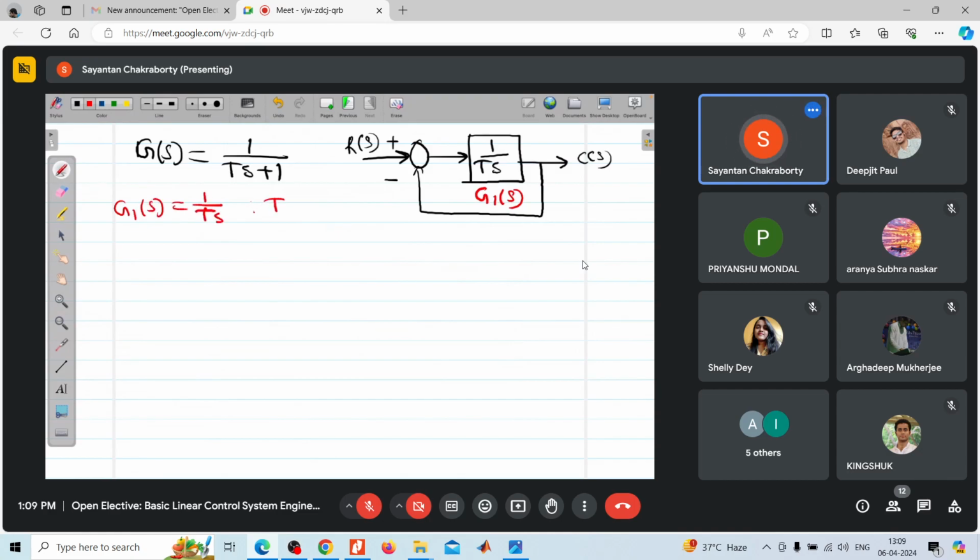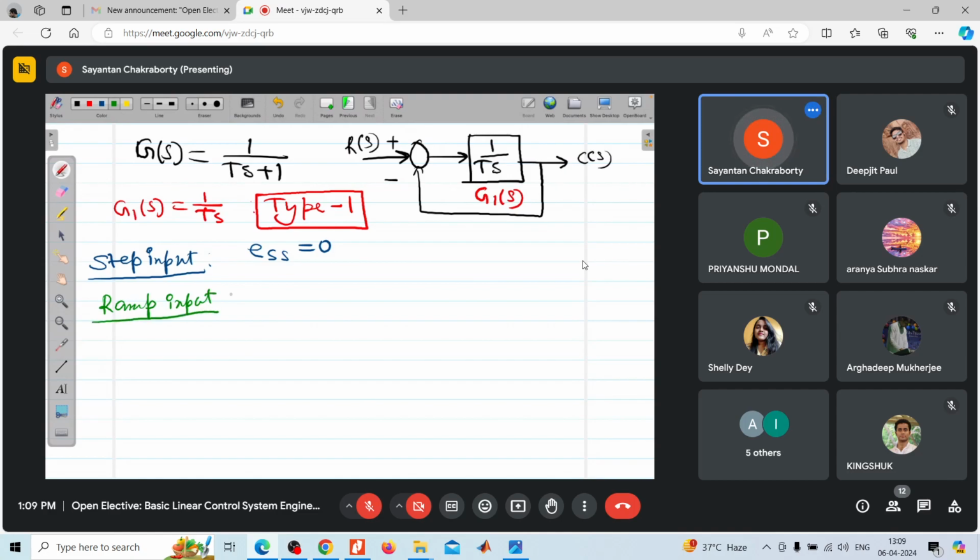What is the type of the system? Type 1 system, right? So for step input, ess should be 0. For ramp input, ess should be finite. For parabolic, we cannot say anything about that.